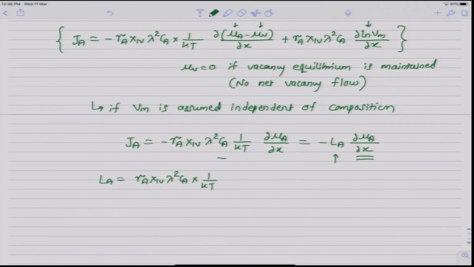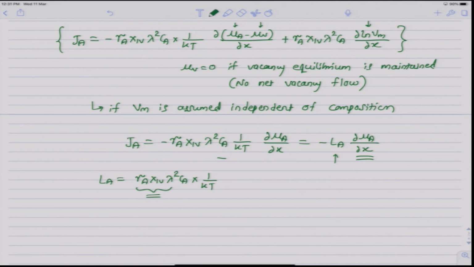And if we look at this gamma A X1V lambda square, this is nothing but the gamma lambda square, and if we add the geometric factor corresponding to the specific type of lattice, so for cubic this geometric factor is usually 1/6, so 1/6 gamma lambda square, and we know this is the Einstein's diffusivity, which we call the tracer diffusivity.